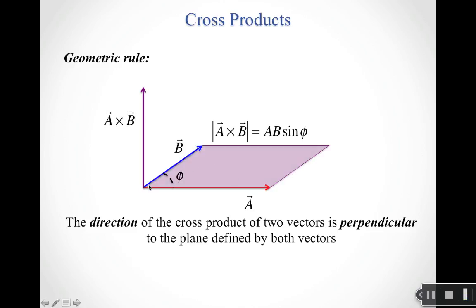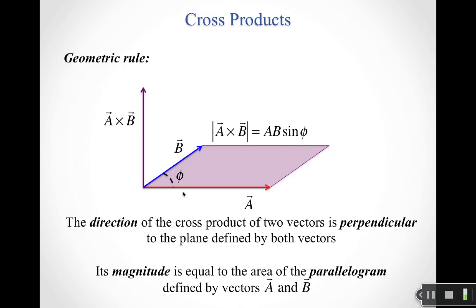And oddly enough, it works out that if you complete the parallelogram started by your two vectors, the area of this parallelogram happens to be AB times sine phi, where phi is the angle between the two of them.